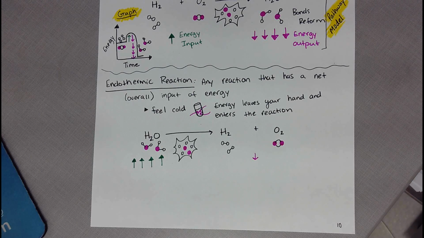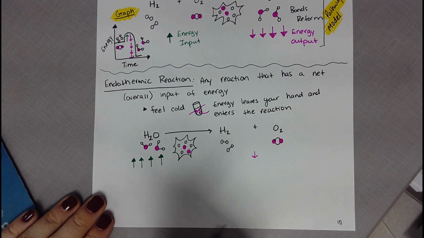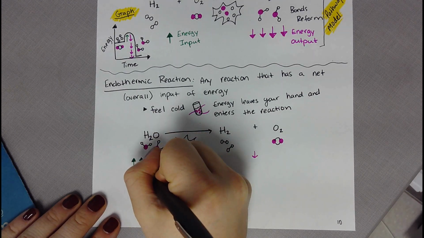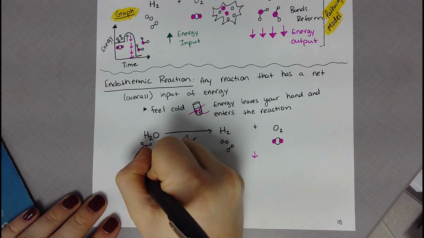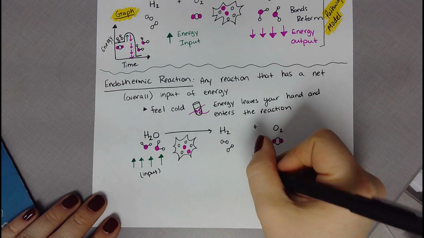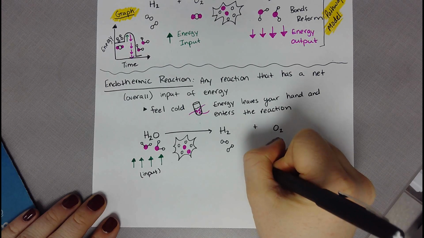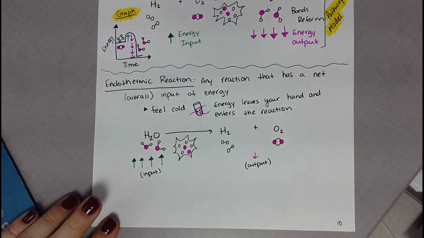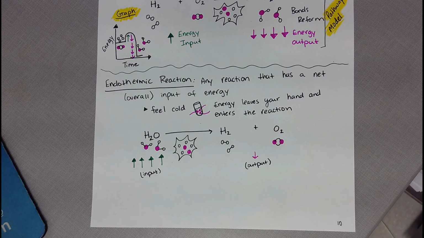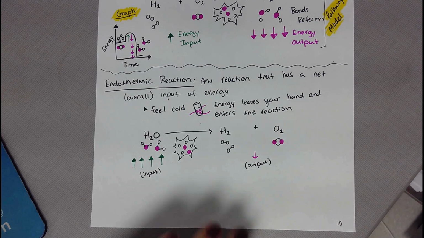So my reaction pathway model is very different because my input is much larger than my output, which means my graph is going to be flipped.